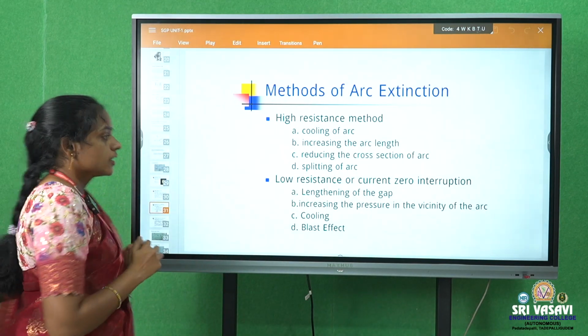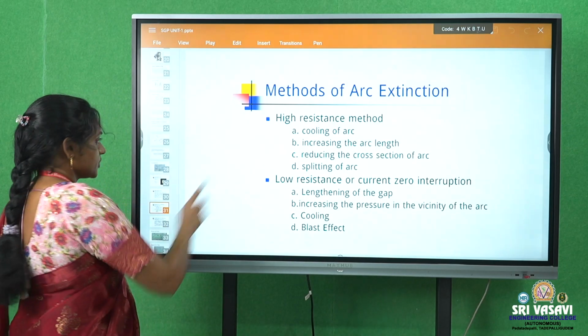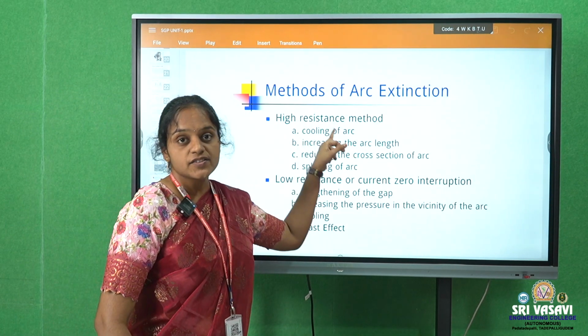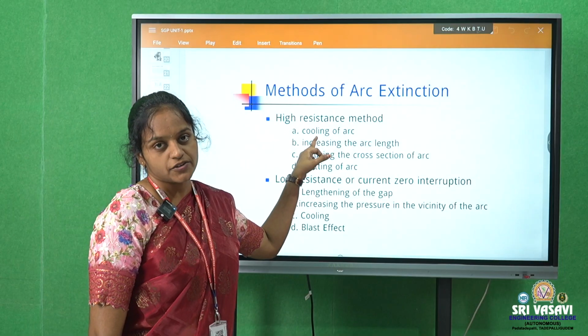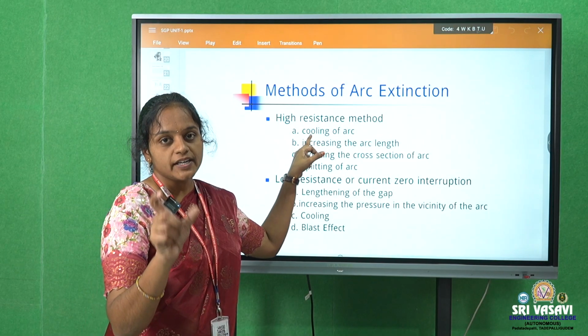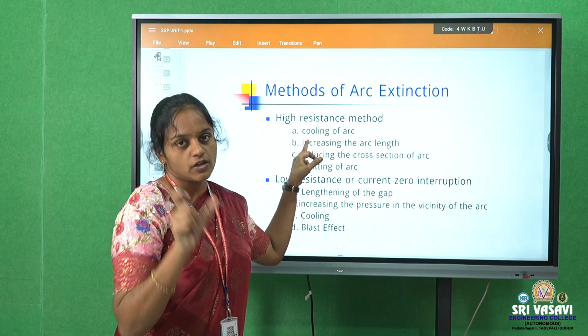Second one is low resistance or current zero interruption. Moreover, the high resistance method is only used for low voltage AC/DC applications, because we have to maintain a certain voltage and certain resistance between the contacts.